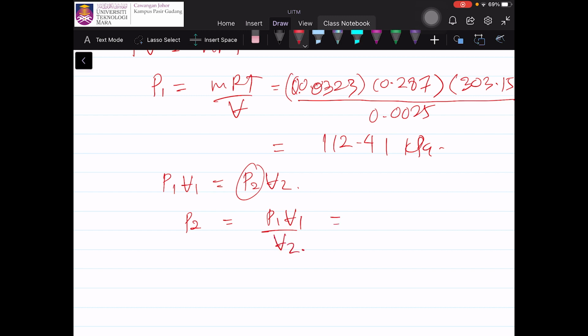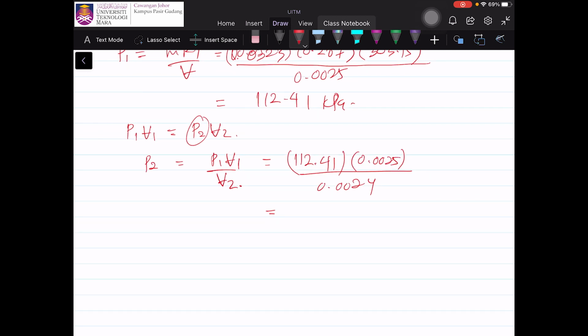You already have 112.41, multiply with 0.0025, divide by the next volume, 0.0024, which is equal to 117.09 kPa.